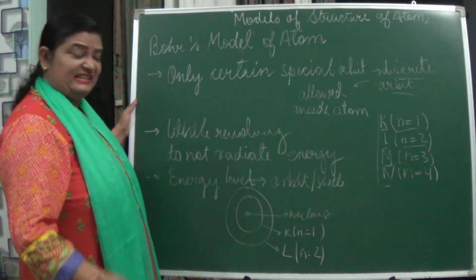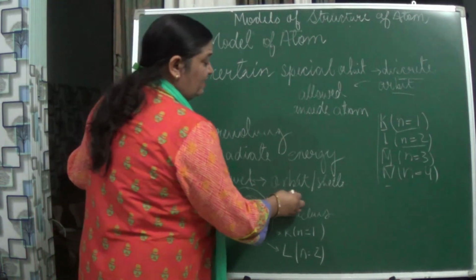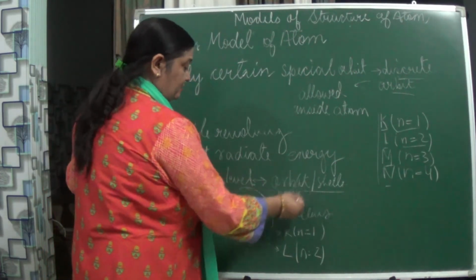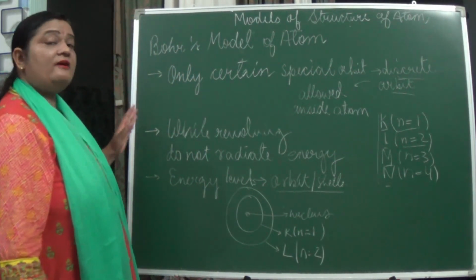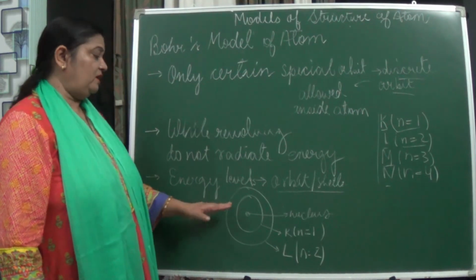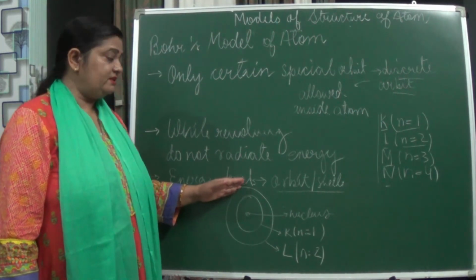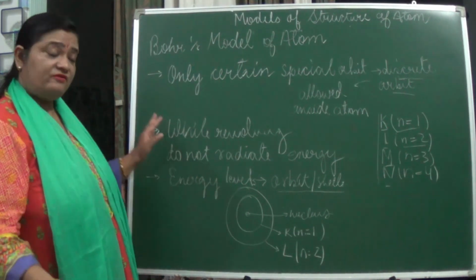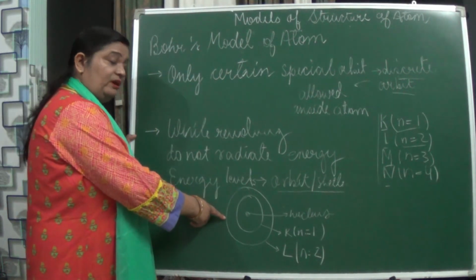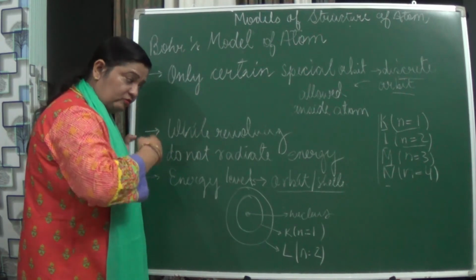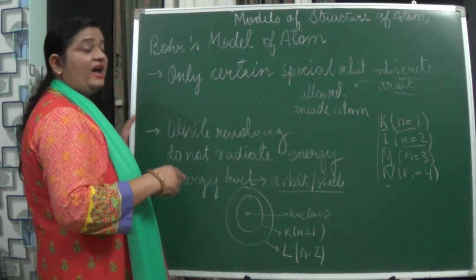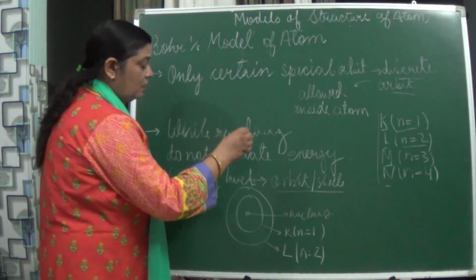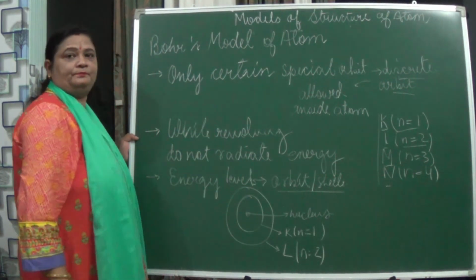He said that these orbits, or shells, have specific energy levels. Electrons revolving in an orbit have only the energy of that orbit, and they revolve with that energy only, and naturally they will not lose their energy and fall into the nucleus.